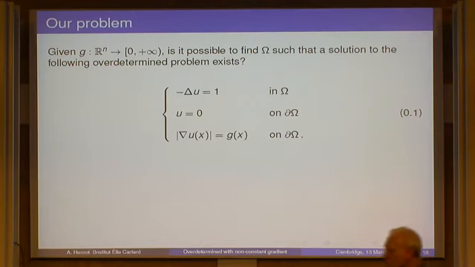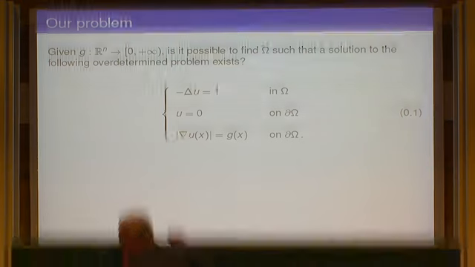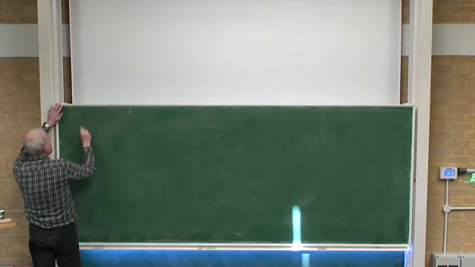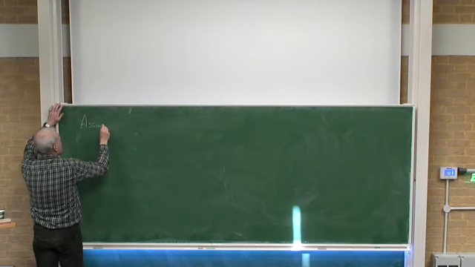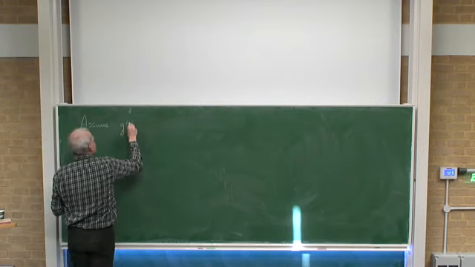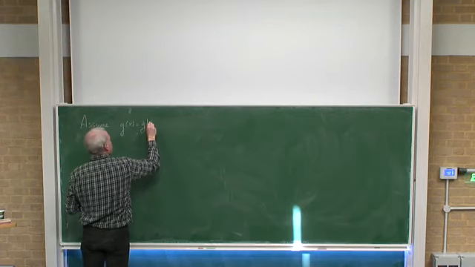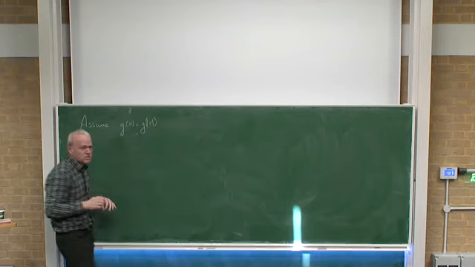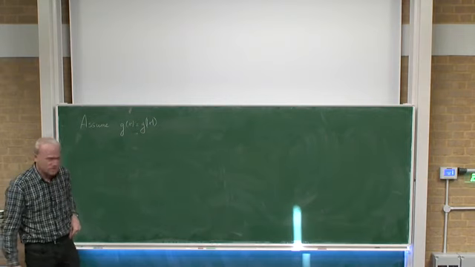And maybe let me just make a short computation, an easy computation to convince you that it is by no means a trivial question. So let me consider the radial case. Assume g of x is radial. Depends only on the distance to the origin.